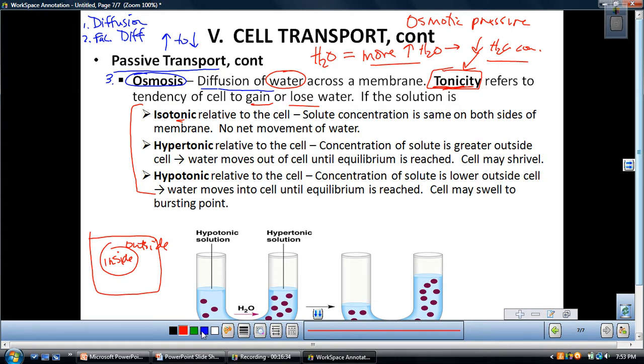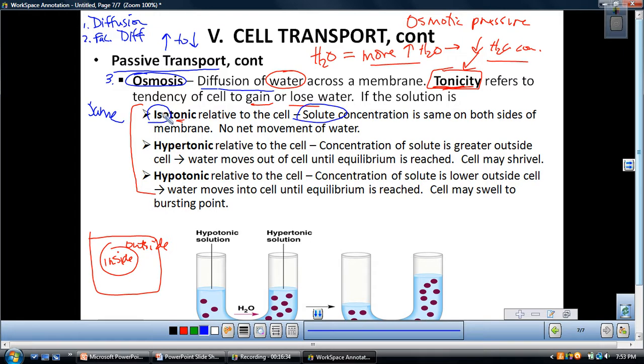Okay, the first one, I know you guys have looked at your root words. Iso means same. So that would mean that the concentration on the inside of the cell would be the same as on the outside of the cell relative to solute.